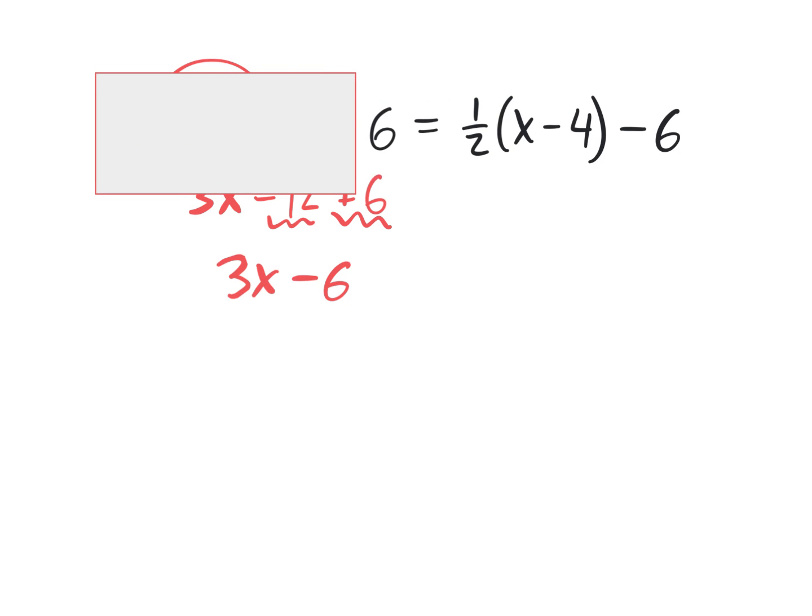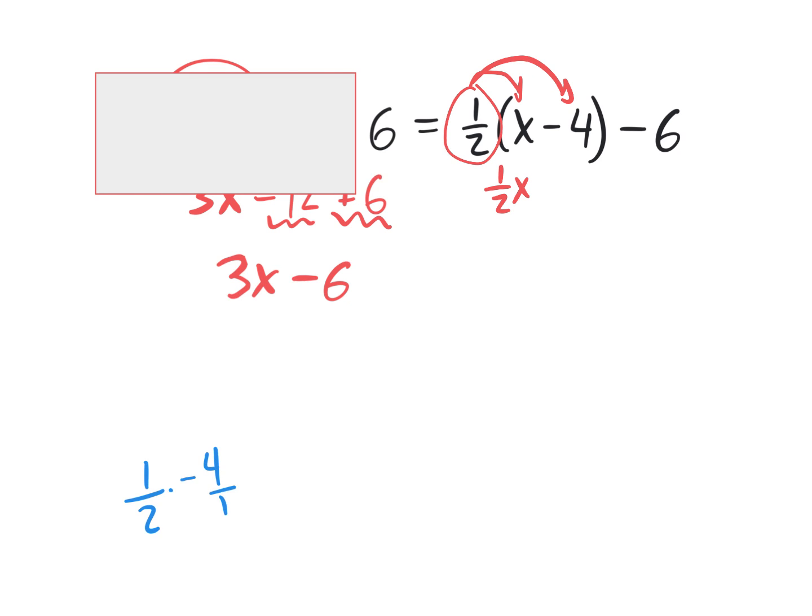On the right side, we need to distribute a fraction. Now, don't get scared. Distributing a fraction is pretty easy, especially because you're multiplying. Multiplying fractions is easy. 1/2 times x is exactly that, 1/2 x. And then 1/2 times negative 4. If you wanted to show that work over here on the side, it's pretty simple. 1/2 times -4.